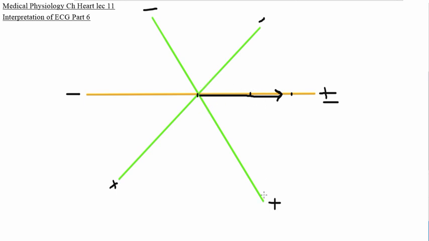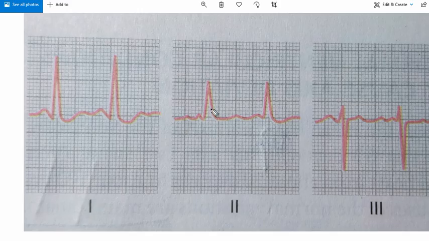Now we will derive the vector for lead 2. This is lead 2, and it is also deflected towards the positive side. What distance does it cover? It covers approximately 2 large boxes, and 1 large box is equal to 0.5 millivolt, so 2 large boxes is equal to 1 millivolt in the vertical direction, whereas it also covers one small box in the downward negative direction.